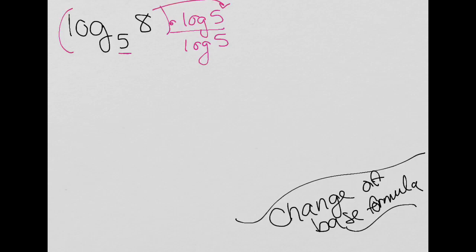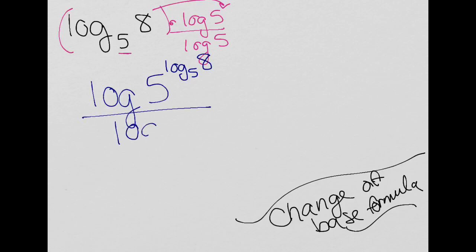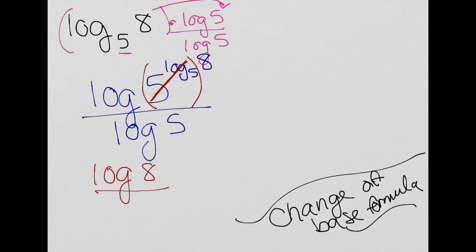So we'd put it up top, and we'd have log of 5 to the power of log base 5 of 8, and we still have it over log 5. This part right here cancels because an exponential and a log are inverses of each other. So they cancel. We're left with log 8 over log 5.